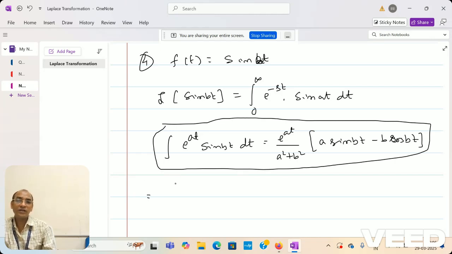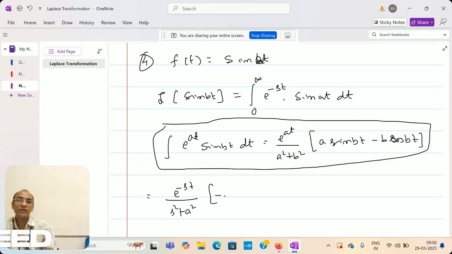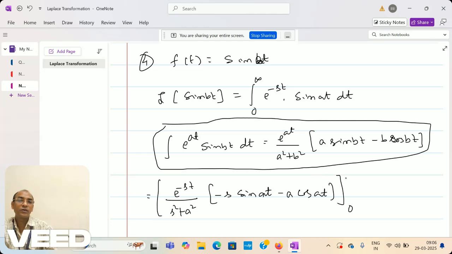So what I will do here is e to the power minus st divided by s square plus a square, whole into, and here a is nothing but minus s, so minus s sin at, and b means a, minus a cos at, and then I will put the whole limit as 0 to infinity, because my integration limits are 0 to infinity.